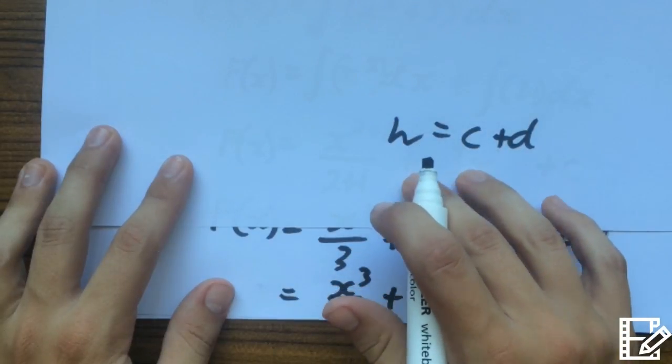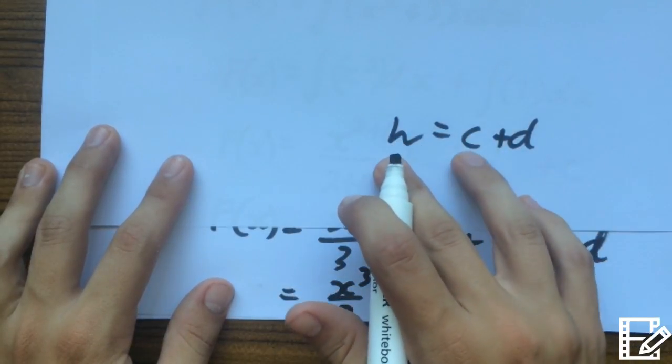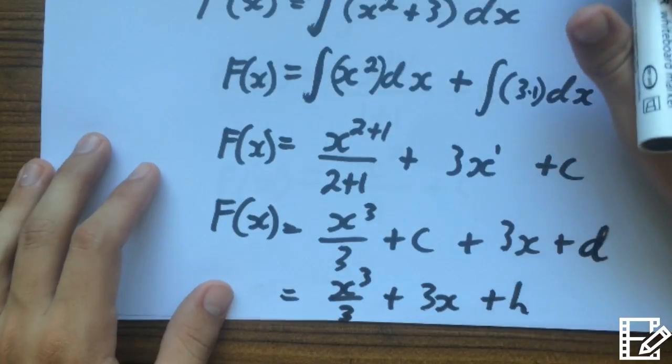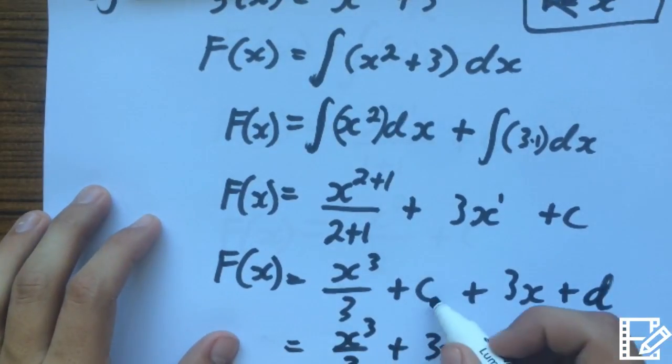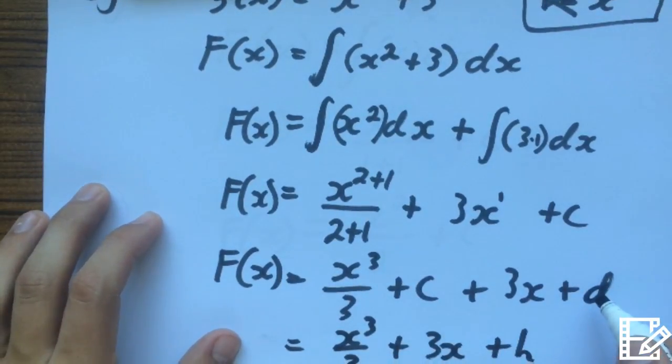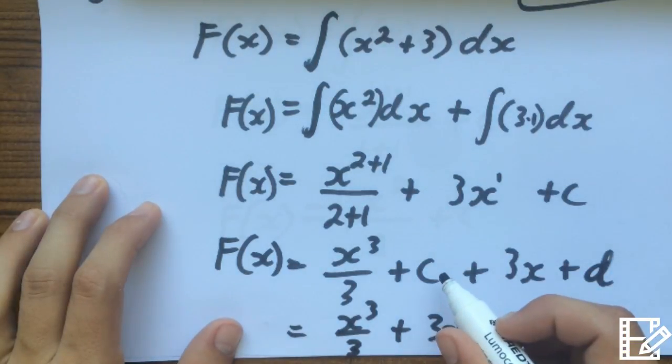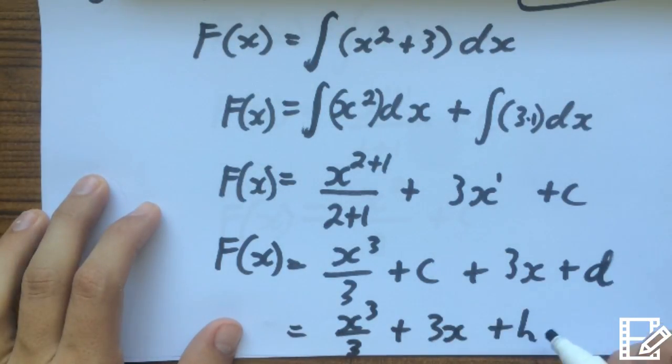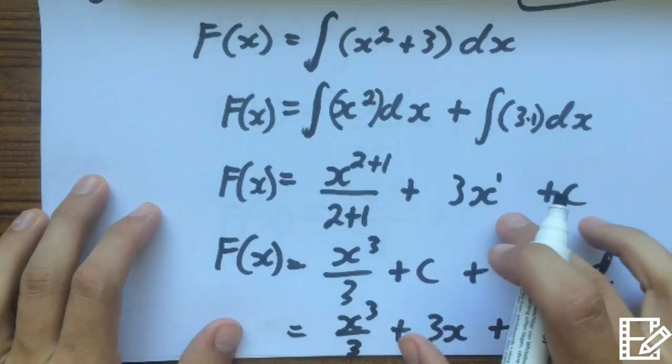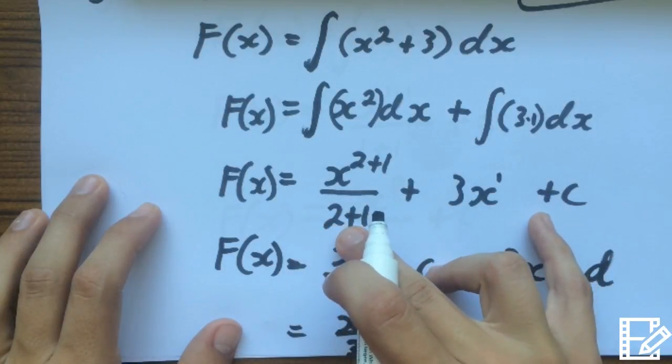It's just a constant. We don't know what it is. We don't know if it's real. We don't know if it's fake. But you don't have to write this. This would be also correct, but you'd have to add those two together and come up with another letter. But this is also correct. This is what you would most likely find.